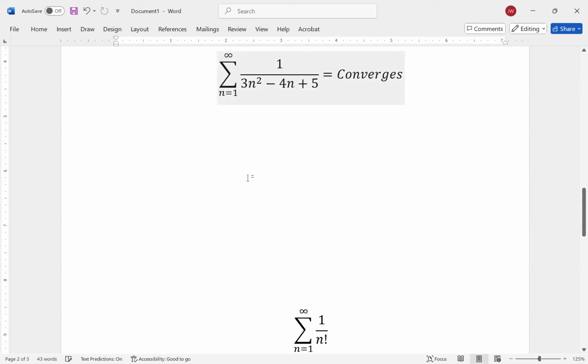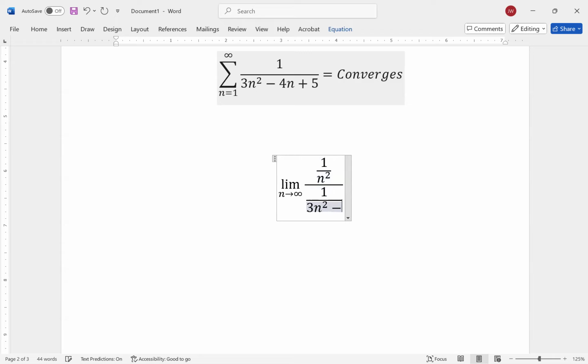But just for the sake of completeness, let's actually figure out what that limit would be. The limit in this case doesn't matter whether I put 1 over n squared in the numerator or in the denominator. And then I'm going to put 1 over 3n squared minus 4n plus 5 in the other side of the fraction.